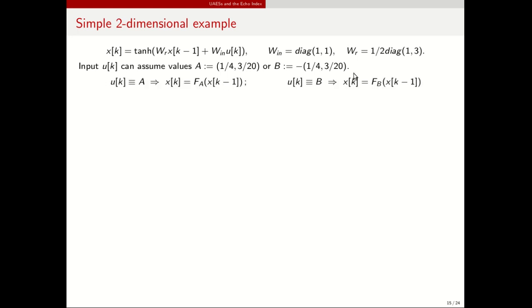This non-autonomous dynamical system is equivalent to a switching dynamics between two autonomous maps, one that we can call FA, which is the one obtained using a constant input vector A to drive the dynamics, and the other that we can call FB, which is the one obtained using just vectors of value B at all times.